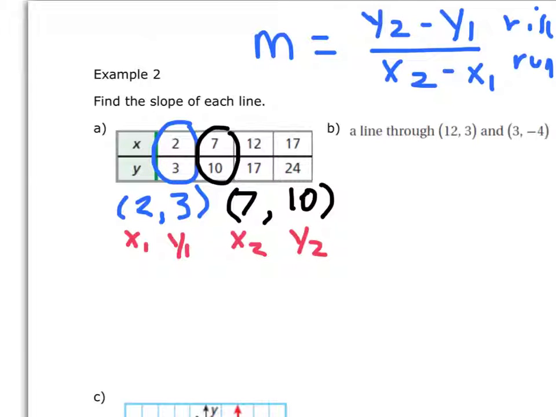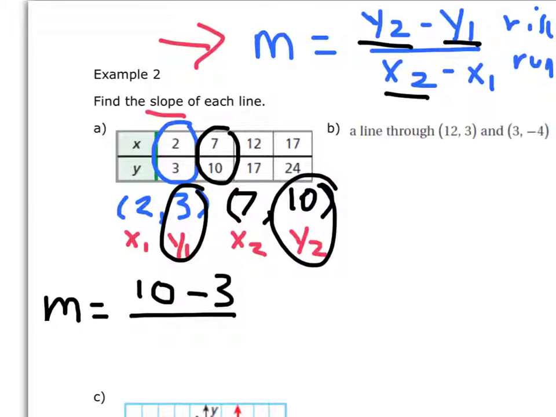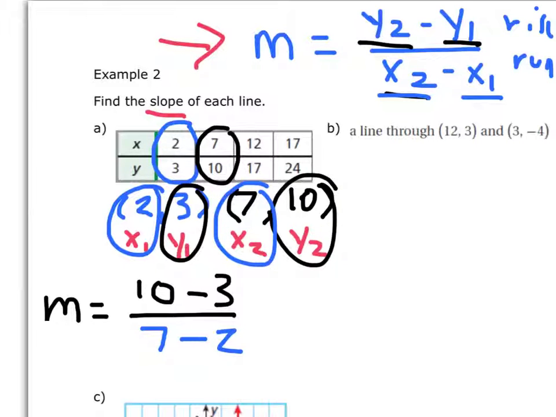Now notice it says to find the slope, so we're going to use this formula right up here. Slope equals, notice I have y2, so over here y2 is 10, minus y1, which is 3, all over x2, which is 7, minus x1, which is 2.